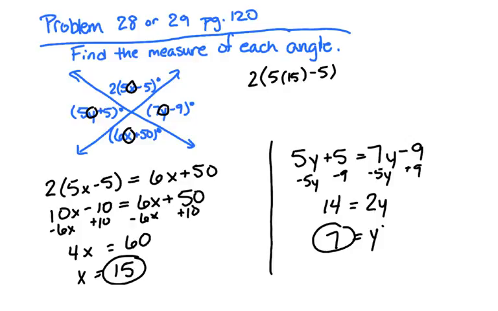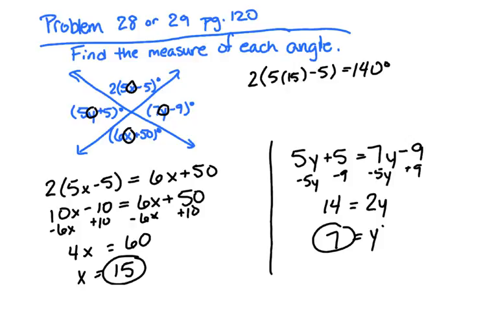That ends up equaling 140 degrees. Well, we know that these two angles are equal to each other, so we have two angles that measure 140 degrees.